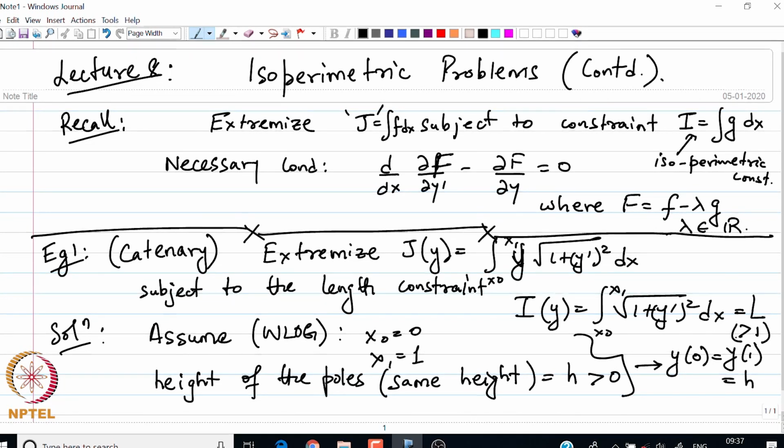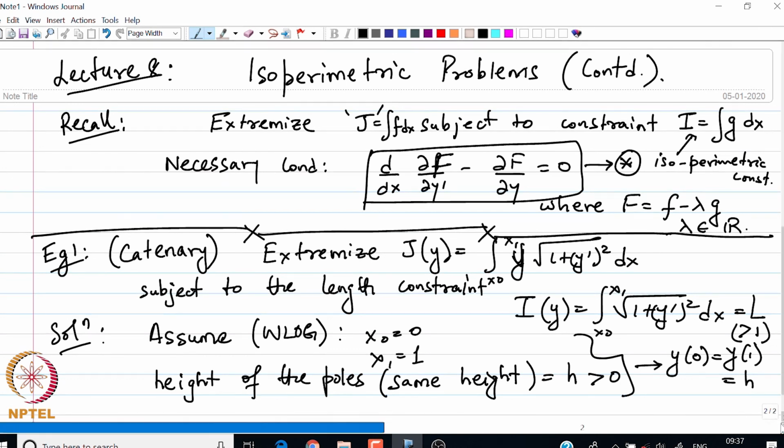Okay, so then we are going to directly use the result above. Let me call this star. We are going to use this result star to find the extremal.